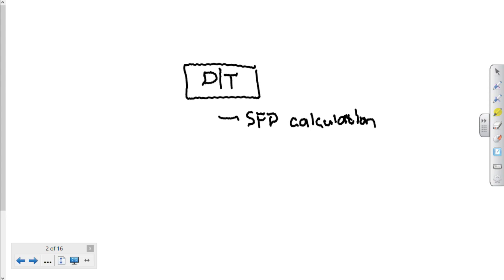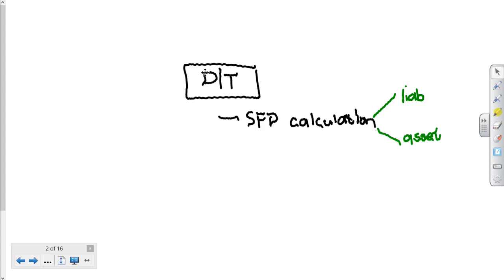For the deferred tax calc, the statement says you must follow the financial position approach, which means we're calculating the balance on deferred tax. This SFP calculation is going to tell us whether I have a liability or an asset.